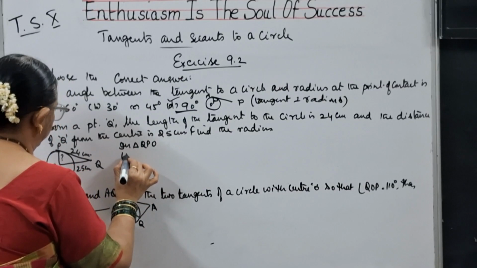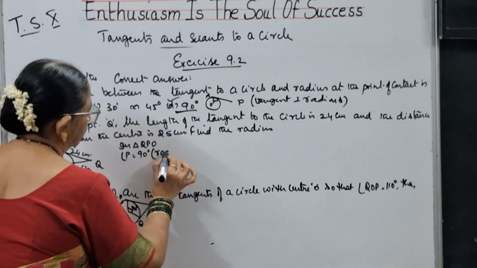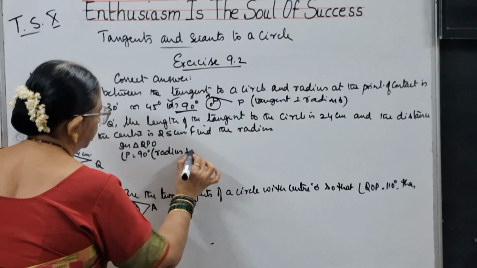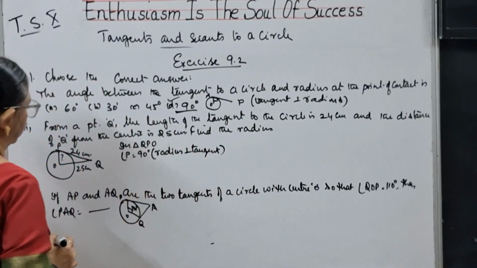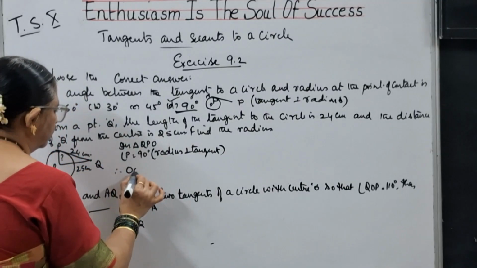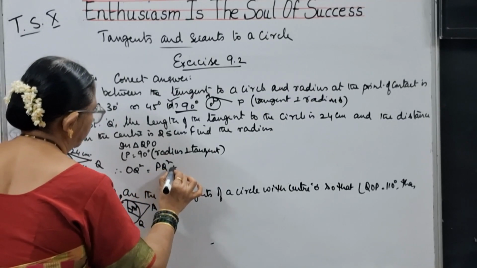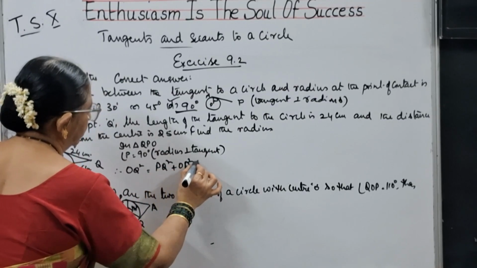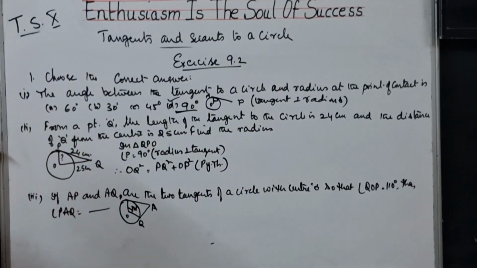So in triangle QPO, angle P is equal to 90 degrees because the radius is perpendicular to the tangent. Therefore, OQ square is equal to PQ square plus OP square based on the Pythagorean theorem. In a right triangle, the square of the hypotenuse is equal to the sum of the squares of the other two sides.